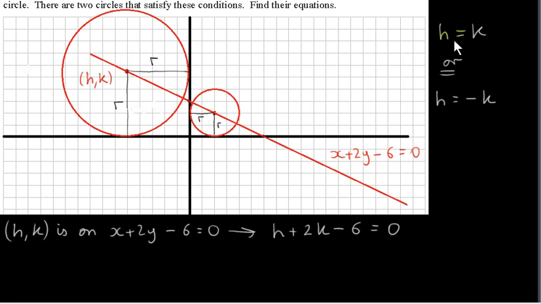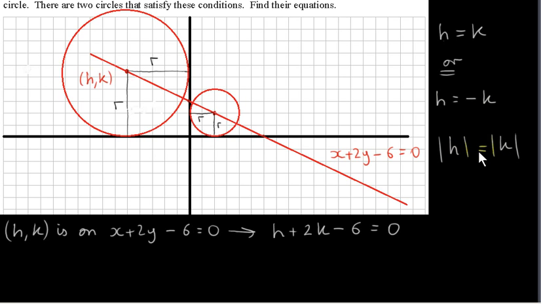Anyway, so this is the situation for circles touching both axes. Either the x and y values are the same, or they have opposite sign, but are the same in magnitude. So in general, we could say that the magnitude of h equals the magnitude of k for circles that touch both axes.